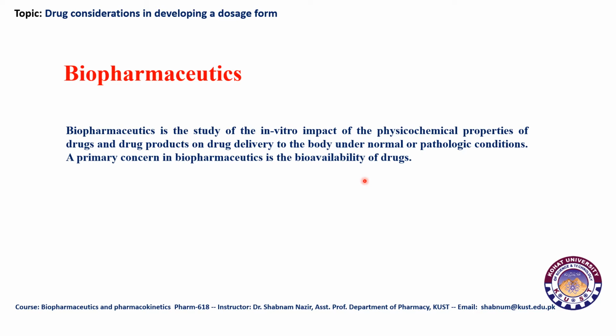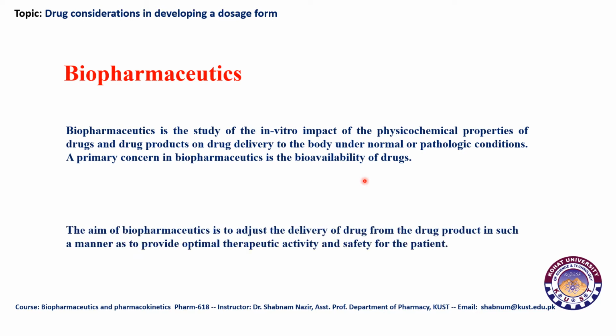That whole field of study is called biopharmaceutics. The aim of biopharmaceutics is to adjust the delivery of drug from the drug product in such a manner as to provide optimal therapeutic activity and safety for the patient.